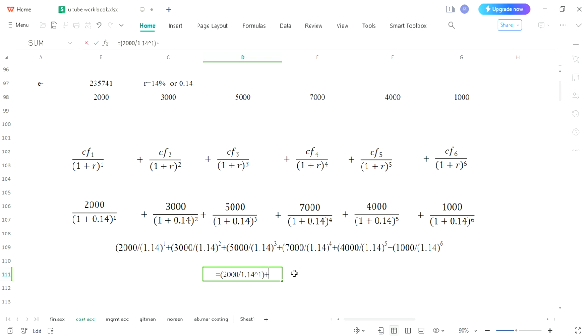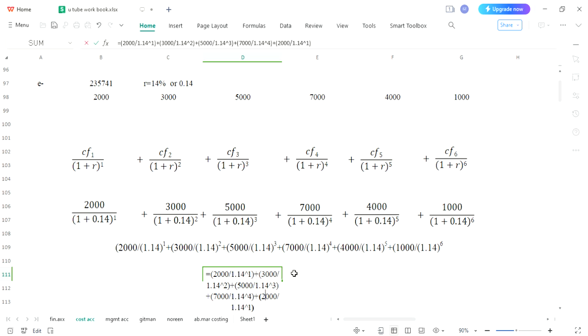Okay, put it over here, change your second installment, that is 3000, and your raised to power would be changed to 2, and then your third value, third was 5000, then next is fourth was 7000, then you have your fifth value.